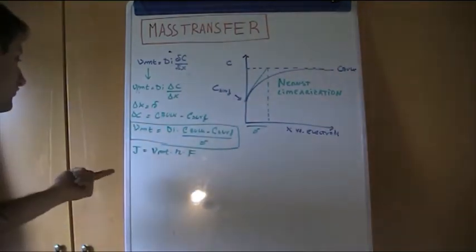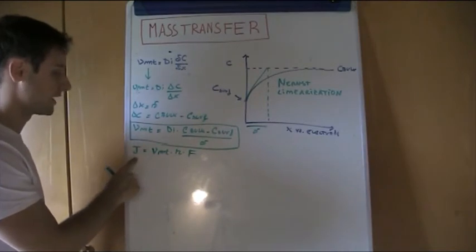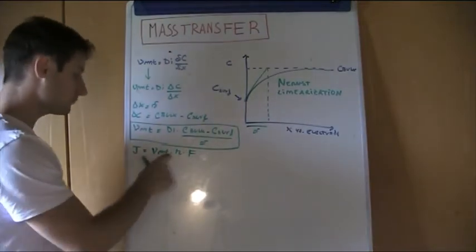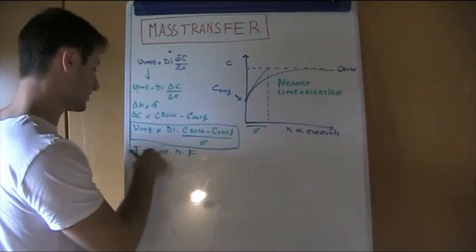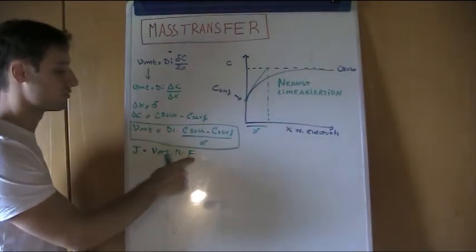This is obviously true since this is an ampere over centimeter square. This is mole per second, and this is basically mole per second over centimeter square. This is mole of electrons over mole, and this is coulomb over mole of electrons.